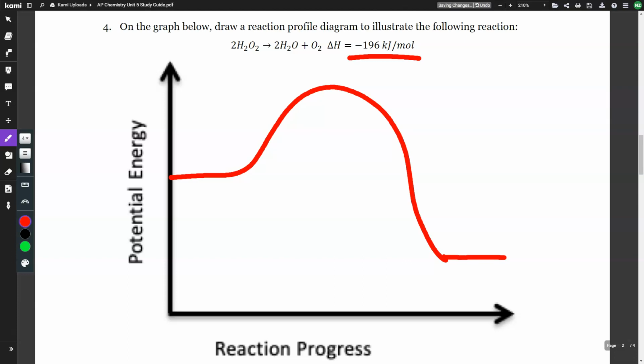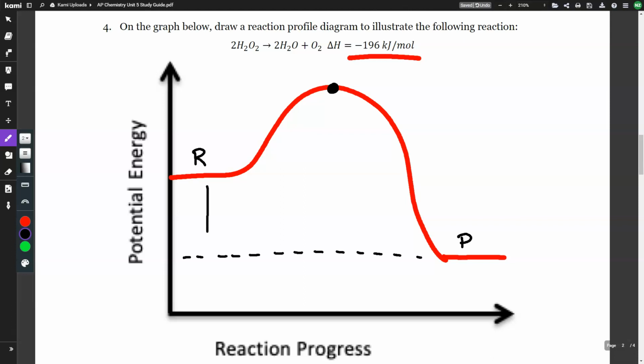Okay, so our reaction profile will look something like that. I'm just sketching it out here. The question doesn't ask us to label the parts, but I'm going to go ahead and label them. So these are going to be our reactants. These are going to be our products. I'm just going to dash the line over here to the products.